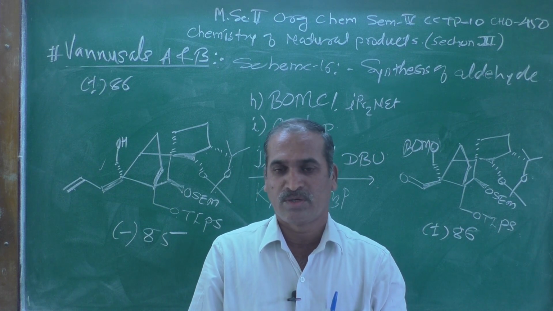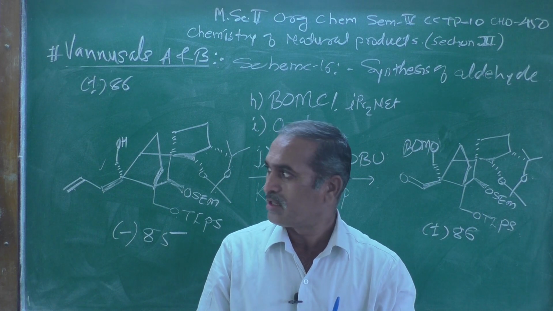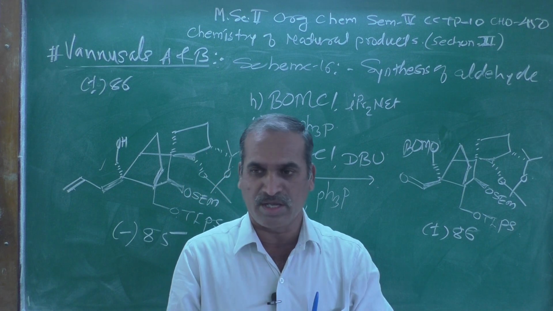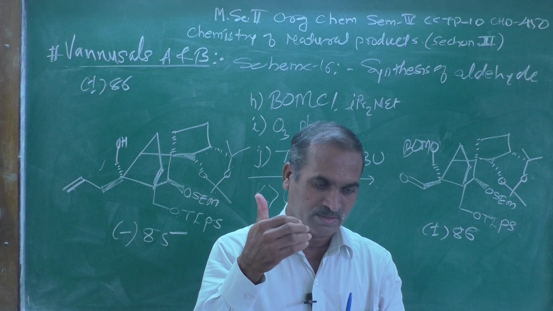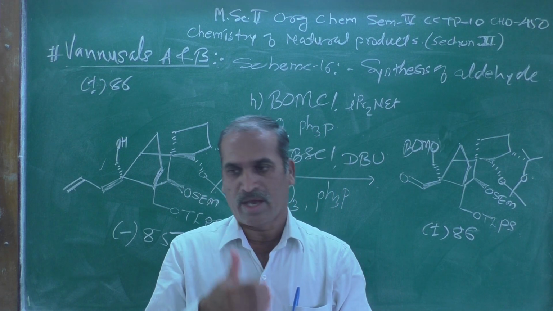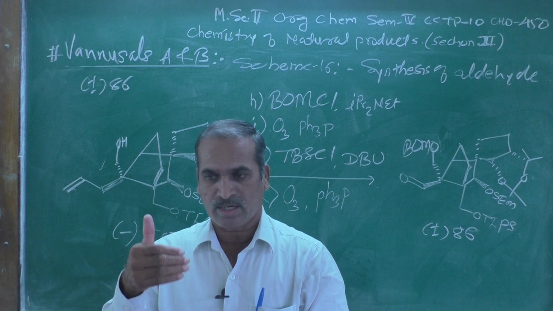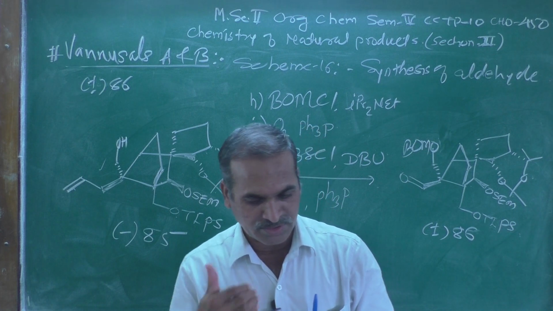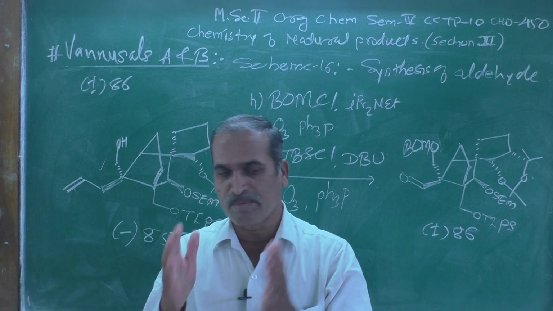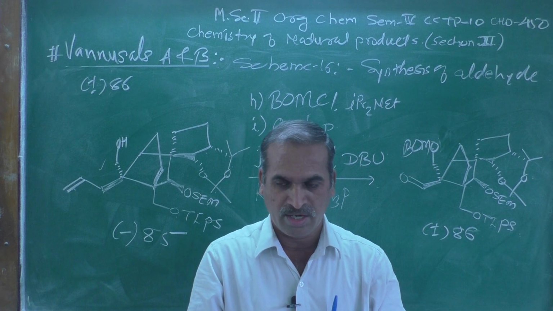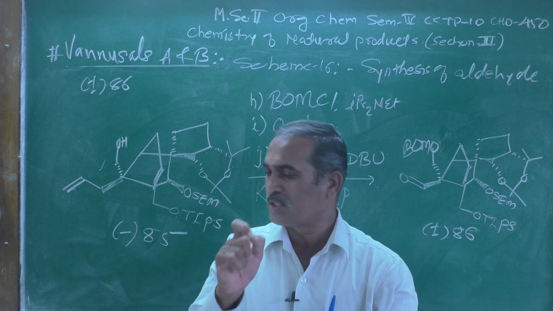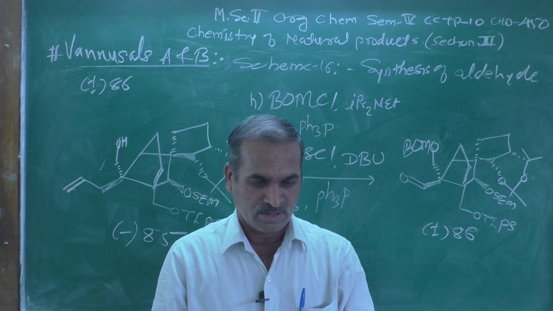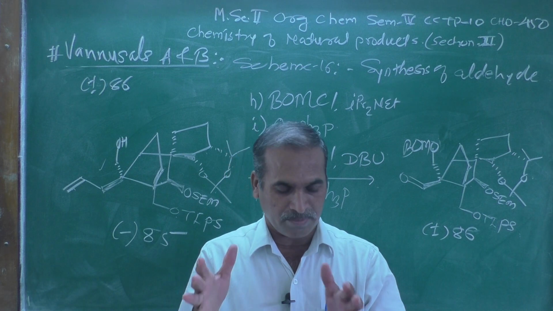Do you remember what we were discussing yesterday? I think yesterday we were discussing scheme number 16, how the intermediate compounds are synthesized systematically by using different reagents and the proper reaction conditions, and how much percentage of yield is obtained.